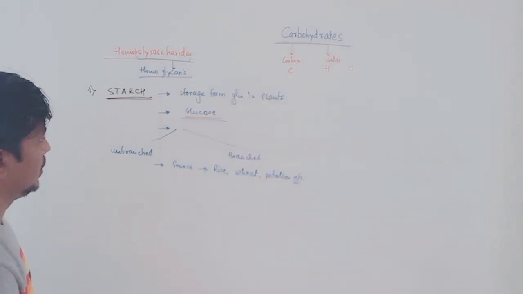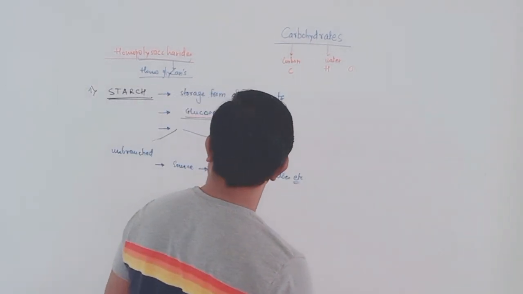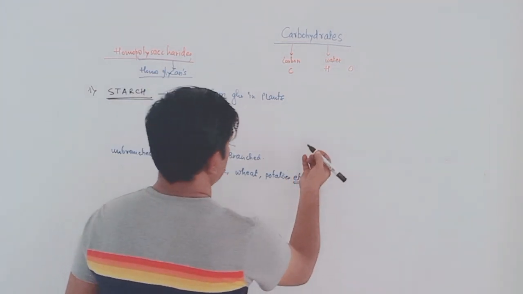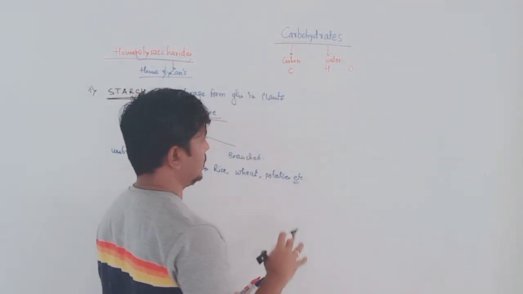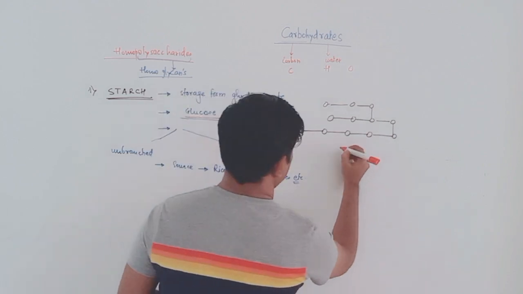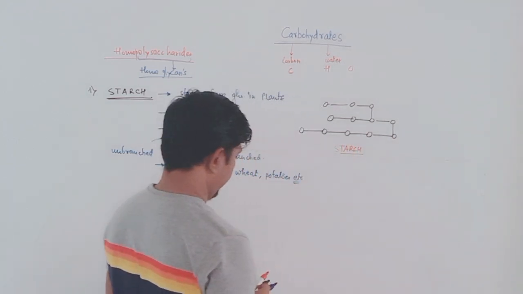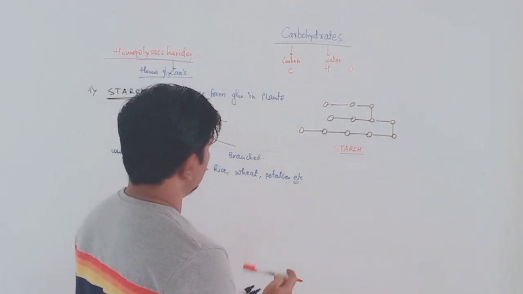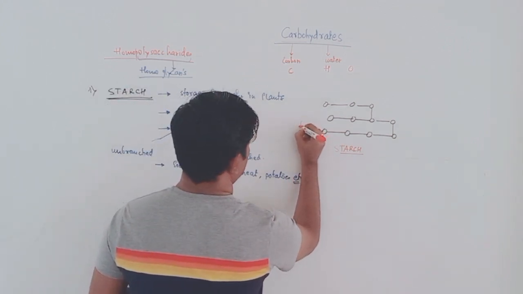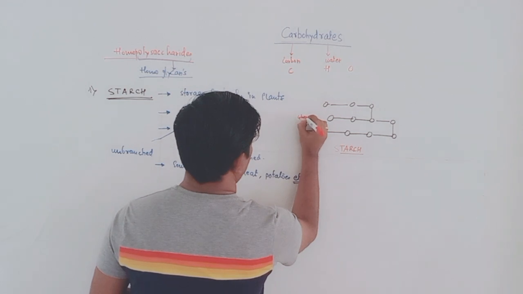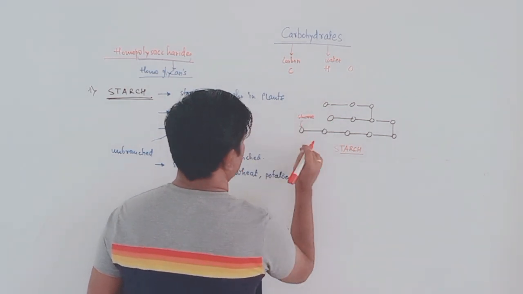Okay. So now we will see the structure of starch. These are glucose molecules linked together.